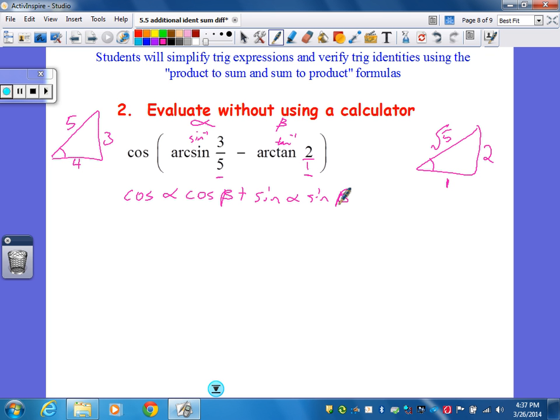Now, thinking about this, oh, wait a minute. If I look at my triangles now, I can find my cosine alpha, cosine beta, and sine alpha, sine beta.